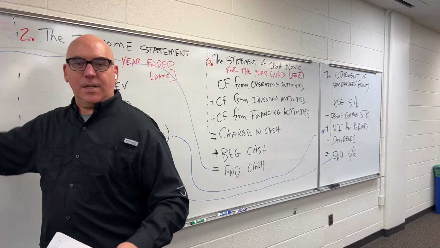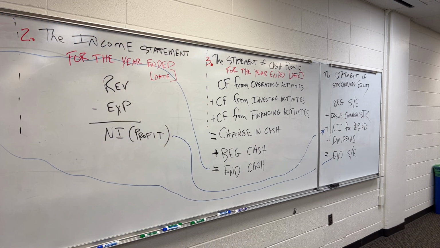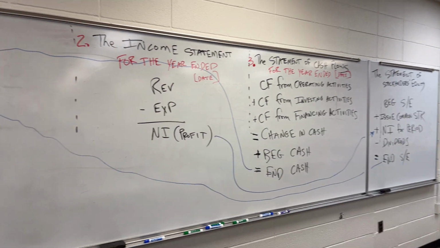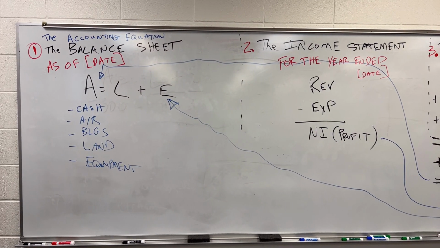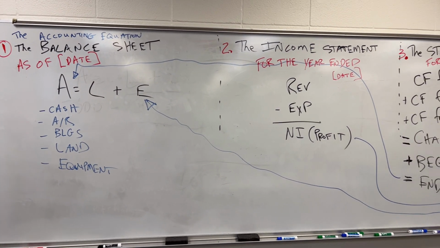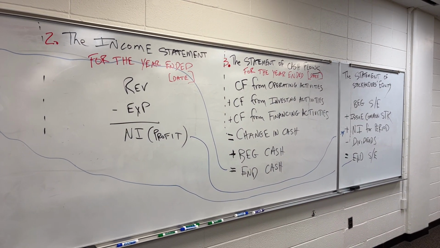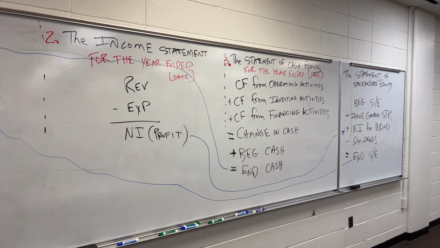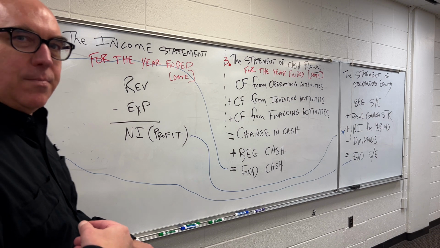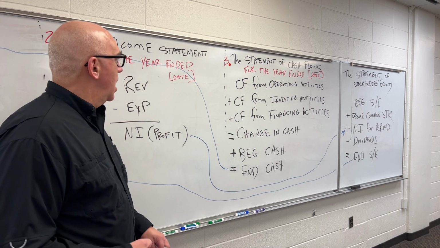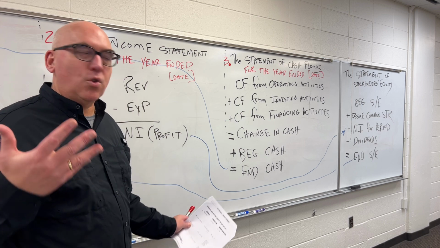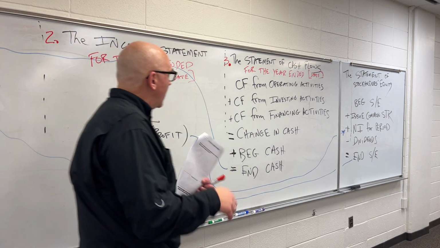The balance sheet tells you how much was there as of that date. But the statement of cash flows tells you what this month looked like. How much cash came in, how much cash left. And that's what's on the statement of cash flows.